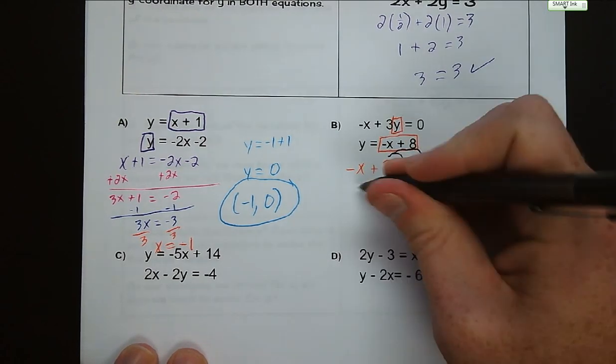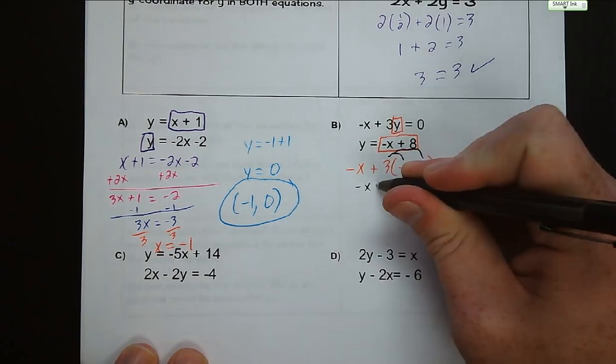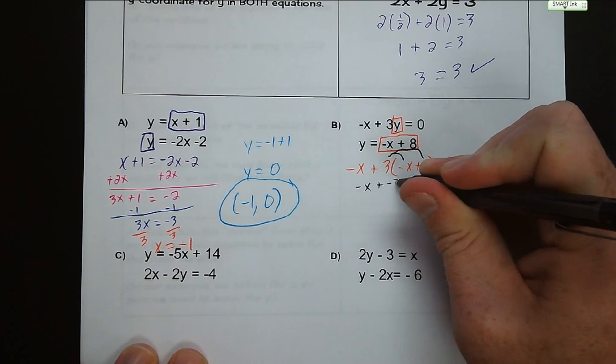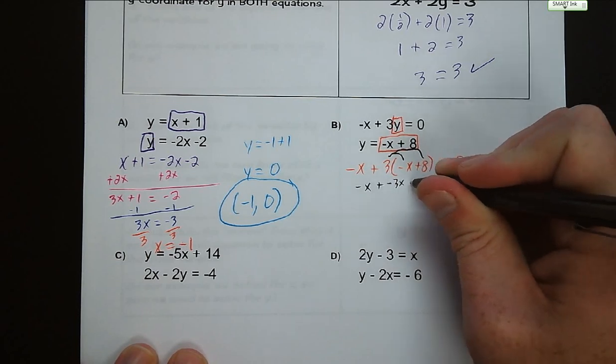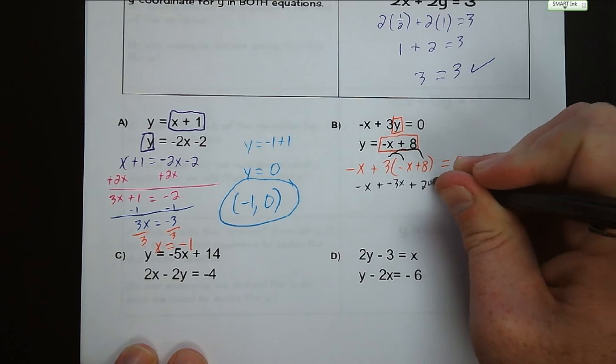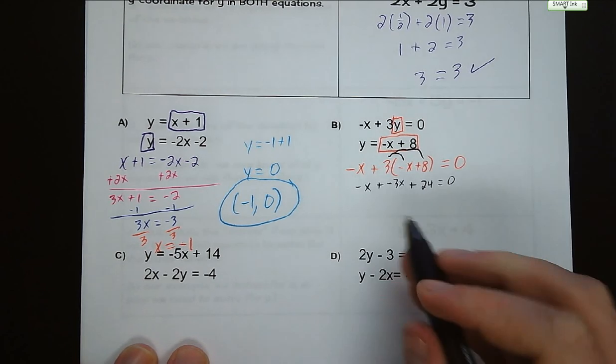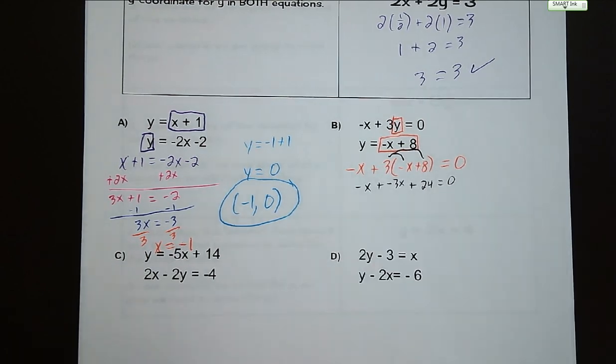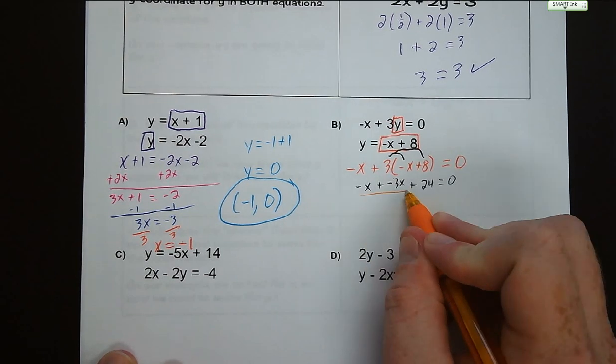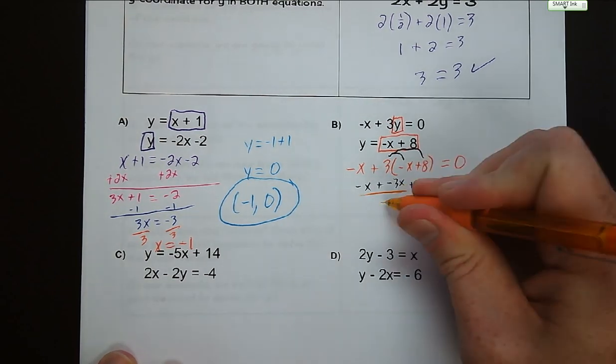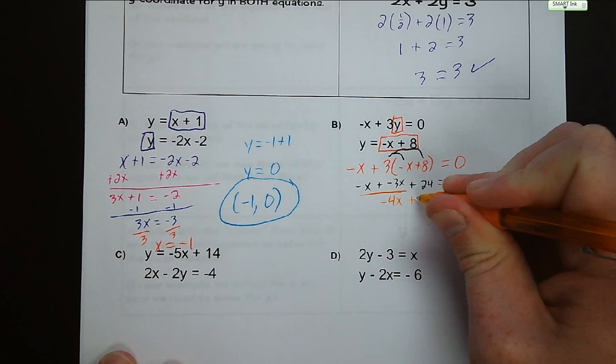So we have negative x plus negative 3x plus 24 equals 0. So negative x plus negative 3x, combine like terms, so negative 4x plus 24 equals 0.